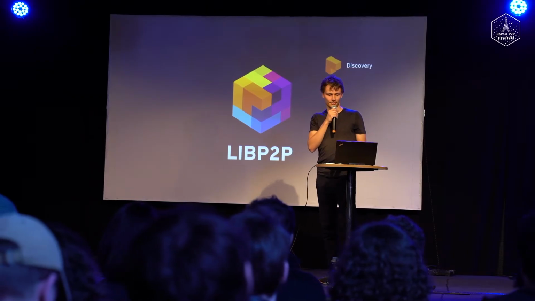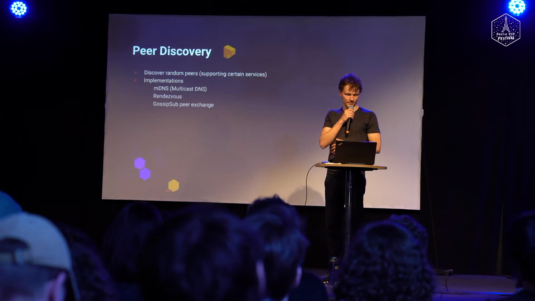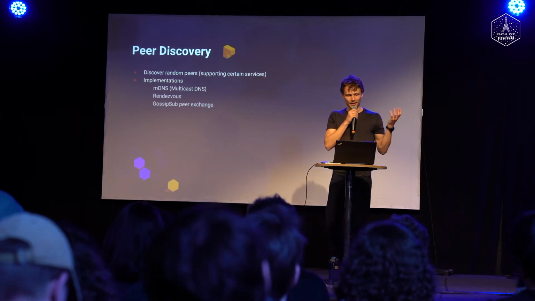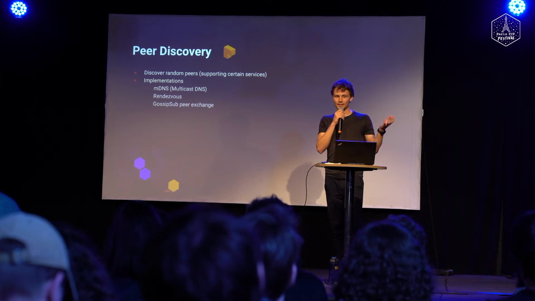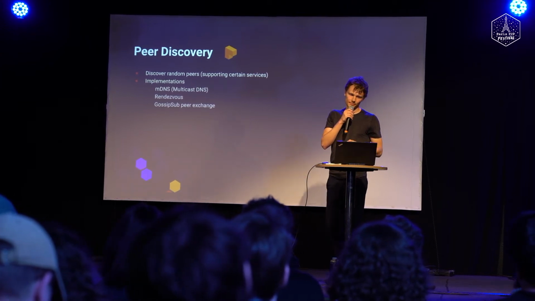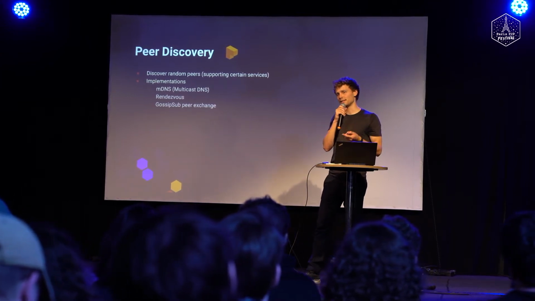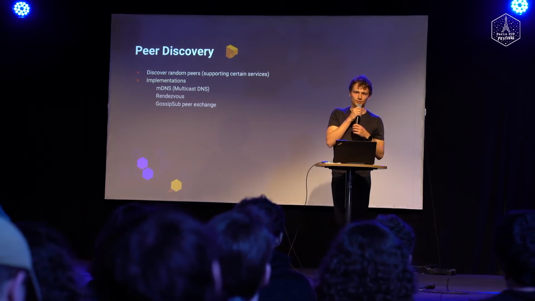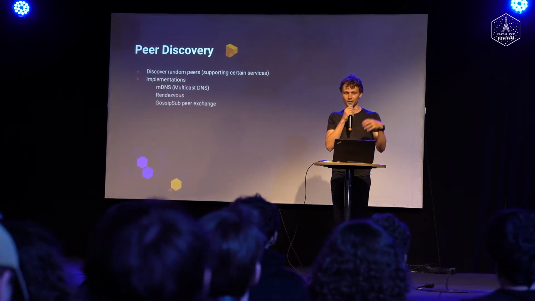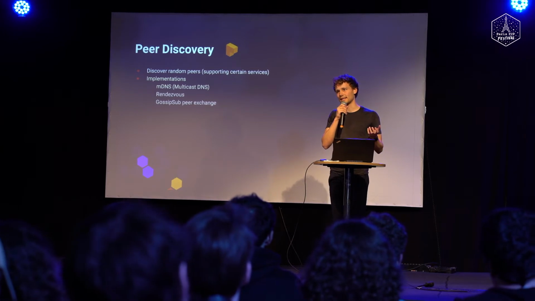The first one I want to go into is how to actually discover other nodes within your peer-to-peer network. If you start your application, you probably want to reach out to many peers around you. There are many different ways to do that. First off, you would probably connect to a bootstrap node, or when you're in your local LAN, you would do multicast DNS.